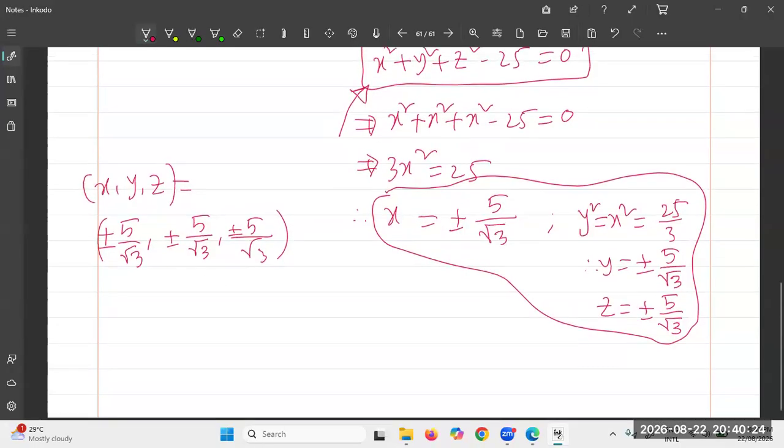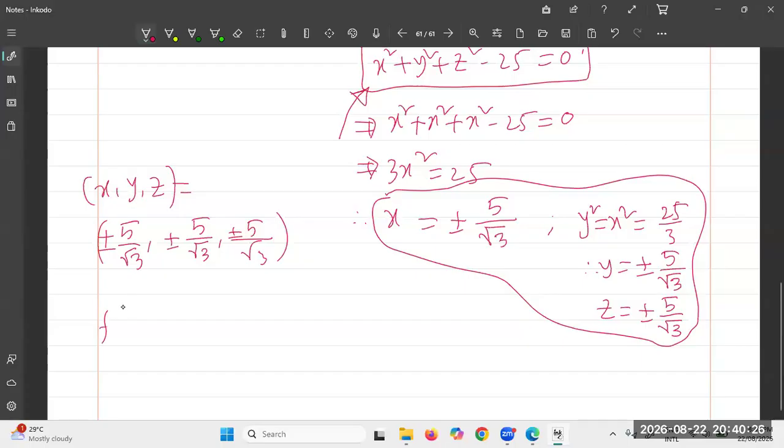So what is the extreme value? In this case, if we put these values in the function, since our function was f(x, y, z) is x times y times z, we can find the maximum value when two of x, y and z are negative and one is positive.